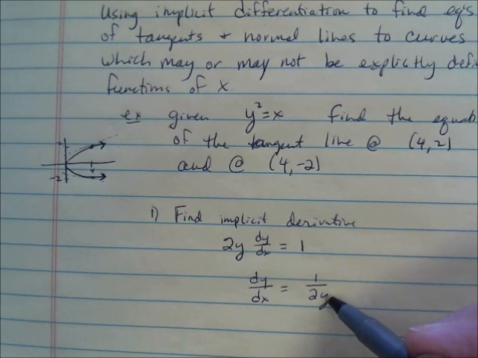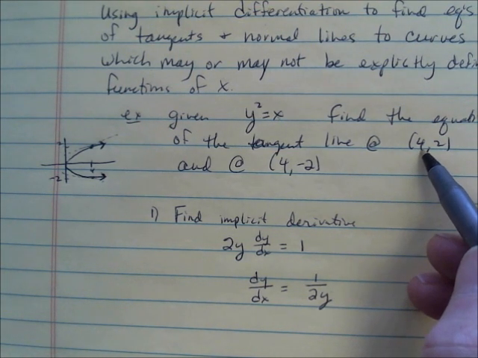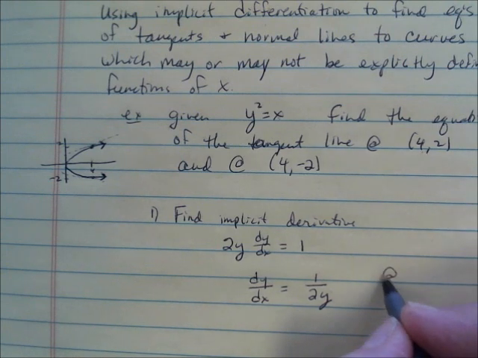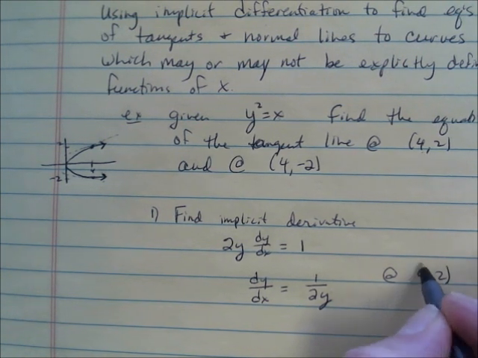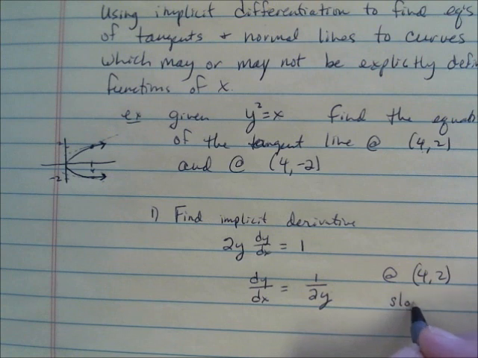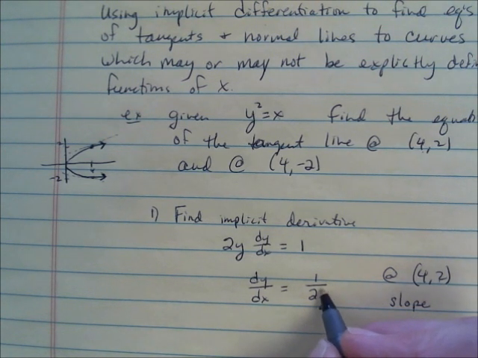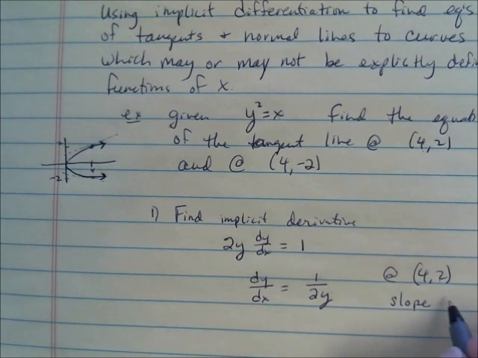So now let's find the slope at the point (4, 2). Now we're going to substitute y equals 2, so the slope is 1 over 2 times 2, which is 1/4.